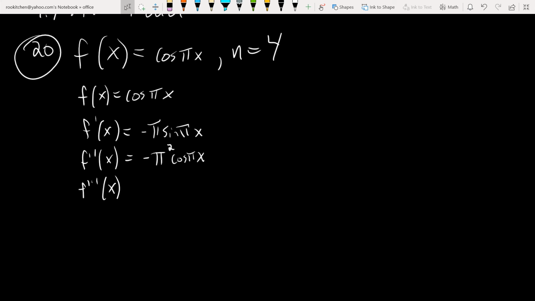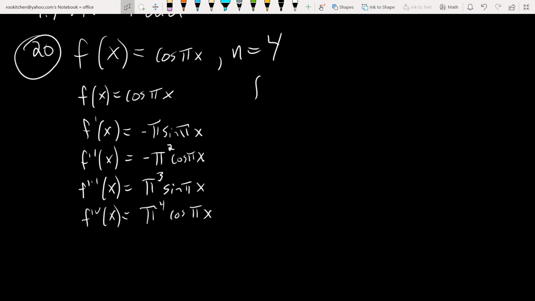The third derivative, now negative times a negative, because the derivative of cosine is negative sine, so it would be positive pi, and then there'll be another pi because of the chain rule. And then finally, the fourth derivative will be pi to the fourth cosine pi x.